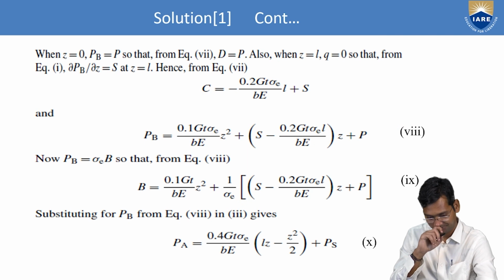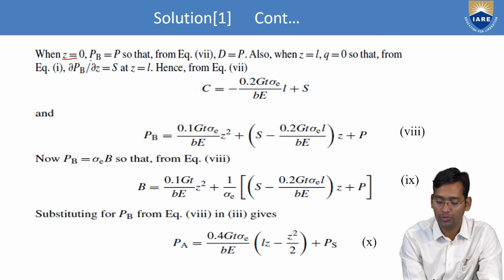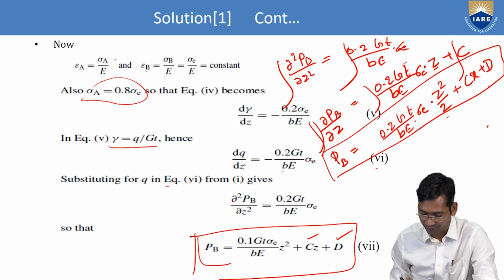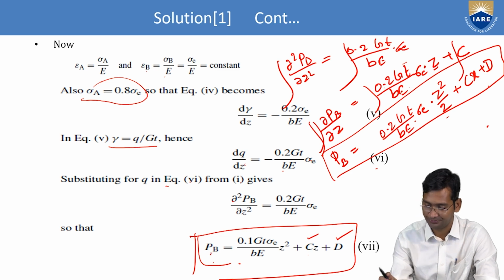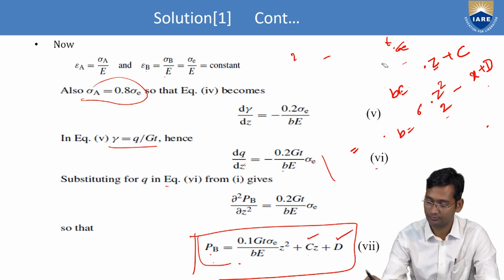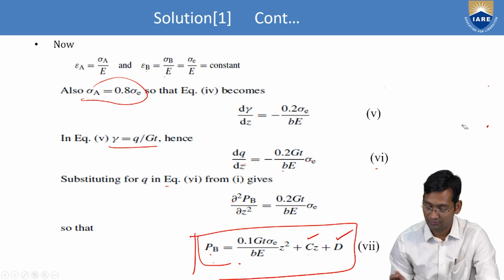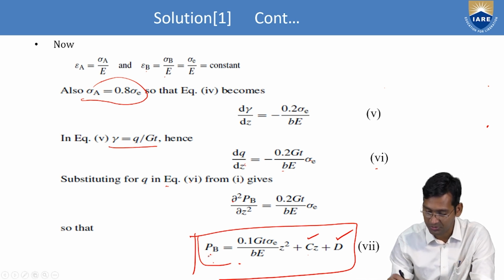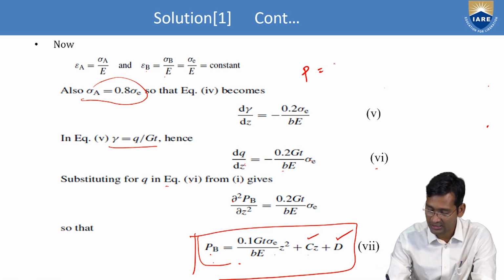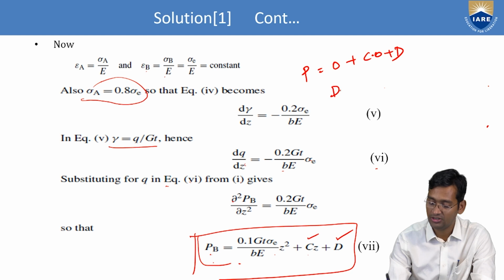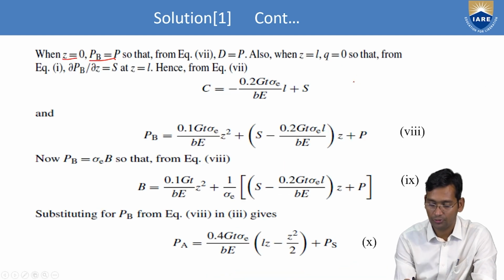See, when z equals 0, PB is equal to P. So putting this value here, PB becomes P, and z is 0, so this whole term will be 0. So 0 plus C into 0 plus D. So from here we will get D equals P.